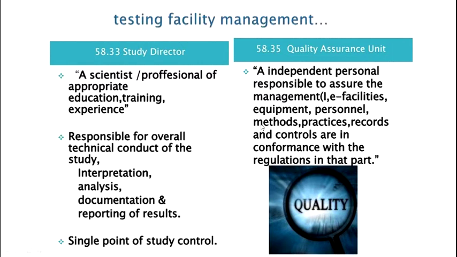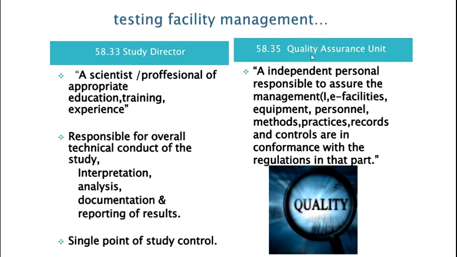The internal organization will definitely have a quality assurance unit. What the quality assurance unit does is look at the facilities, equipment, and personnel who are working, whether they are abiding by the quality requirements, and the records will be maintained. Routine inspection will be done, and internal audits will be done for this assurance unit.